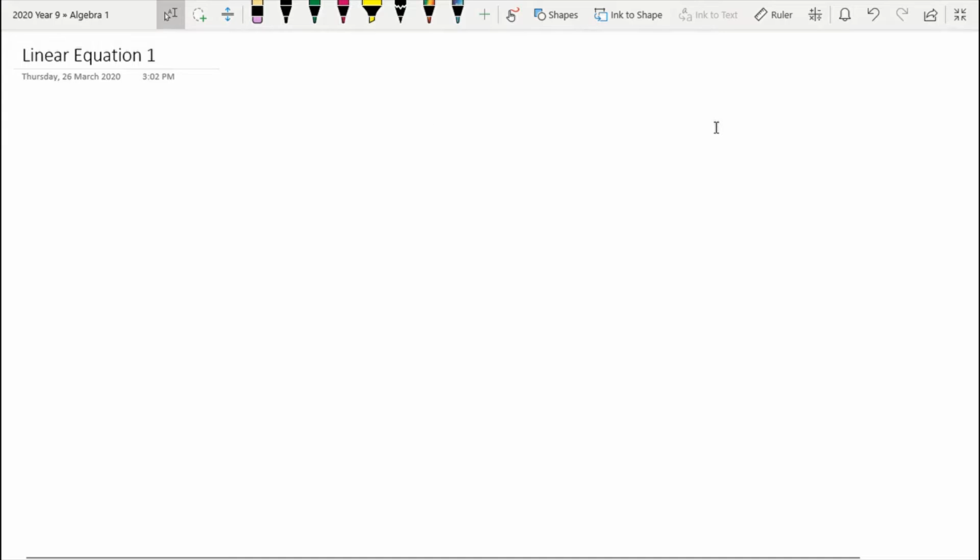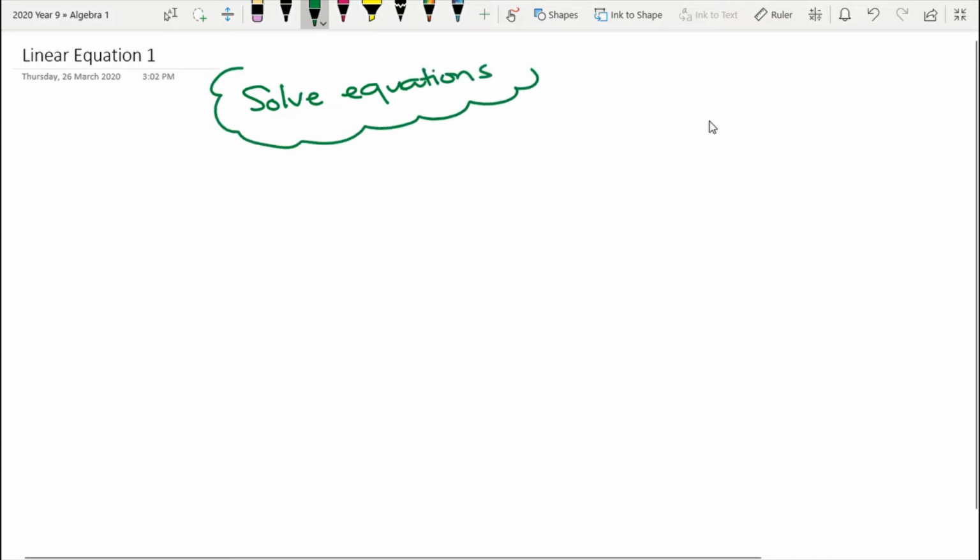We are talking about solving equations today. So the purpose of the lesson today is to solve equations. There's a couple of things here. Firstly, we talk about the language.